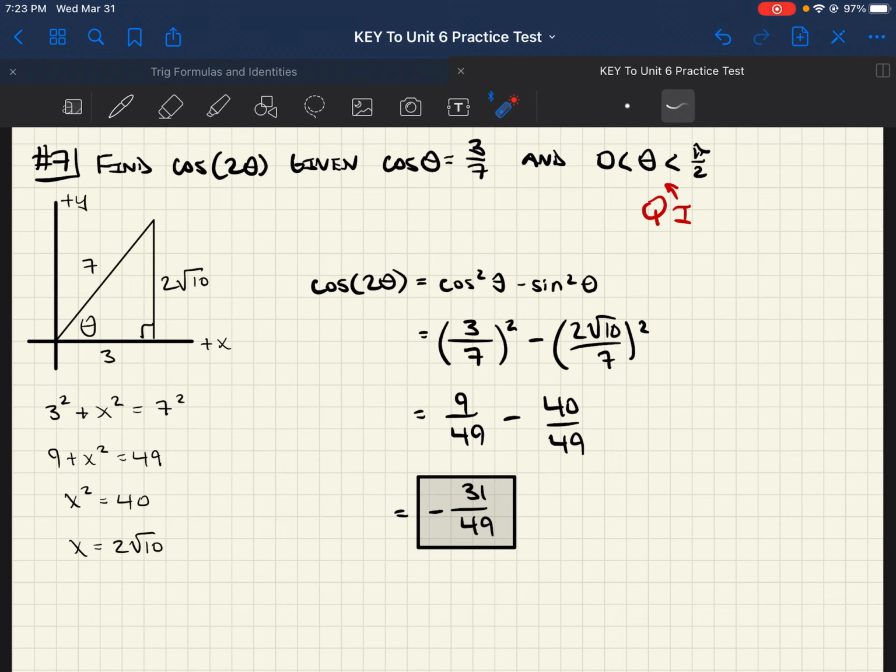Same deal here: 2 root 10 over 7, square both numerator and denominator. 2 root 10 times itself gives you 4 times 10, which is 40, so we have 40/49. We have common denominators, so we can subtract the numerators. 9 minus 40 gives us negative 31/49, which is our answer.